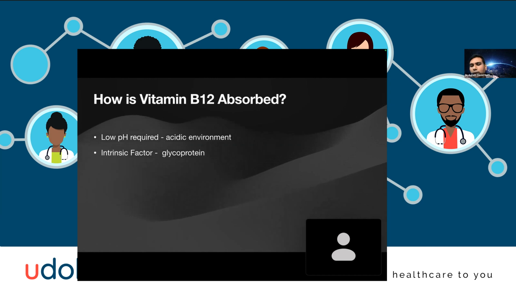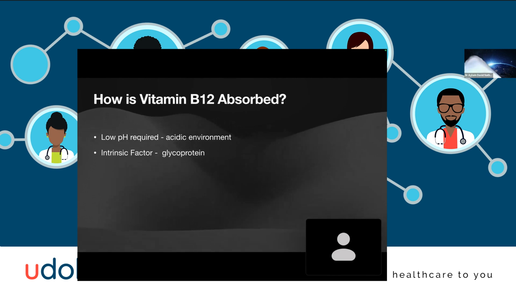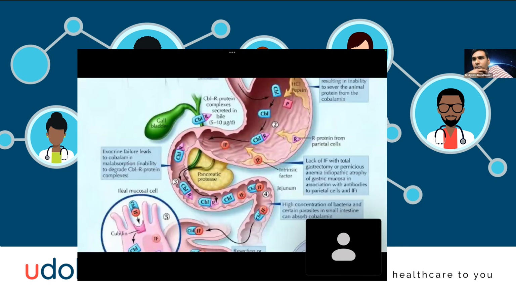They're born with a decreased ability to secrete the intrinsic factor, and intrinsic factor is attached to the vitamin B12, and that allows us to absorb the vitamin B12. I'll come over to a schematic soon, and that will explain a lot more with regards to how vitamin B12 is absorbed within the body itself.